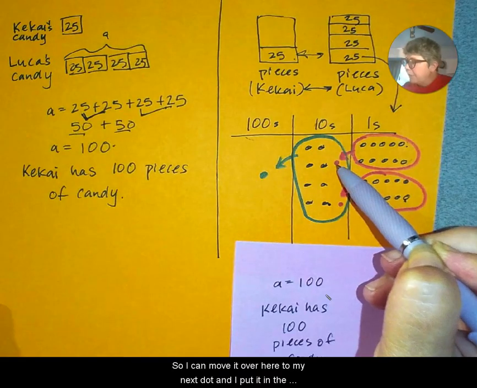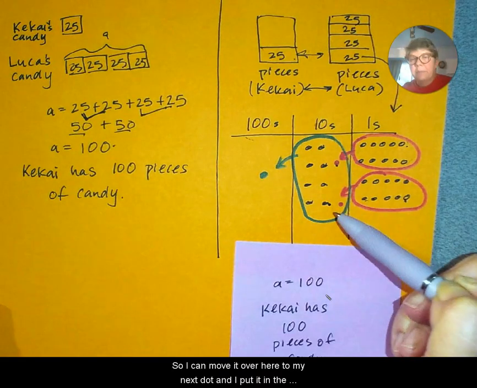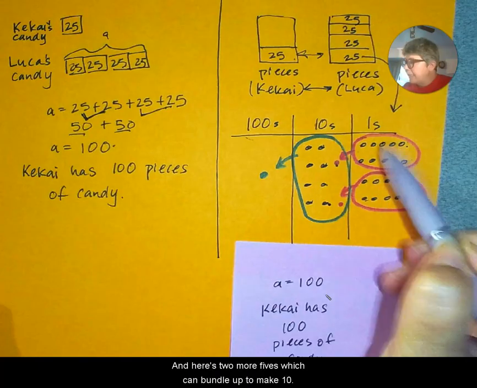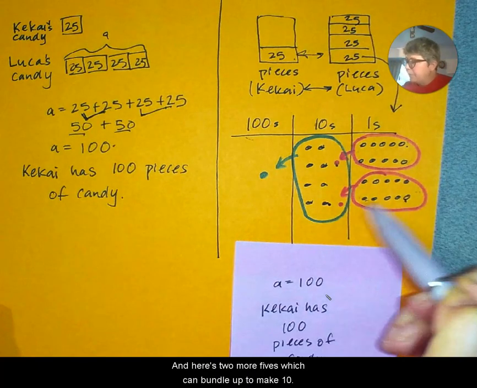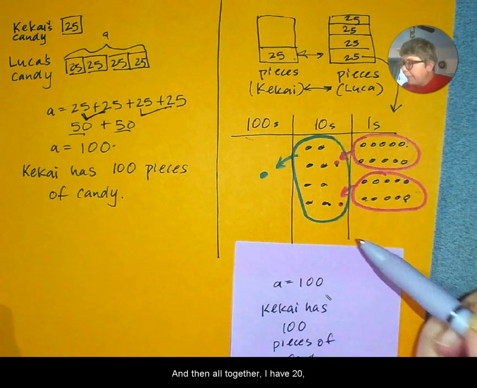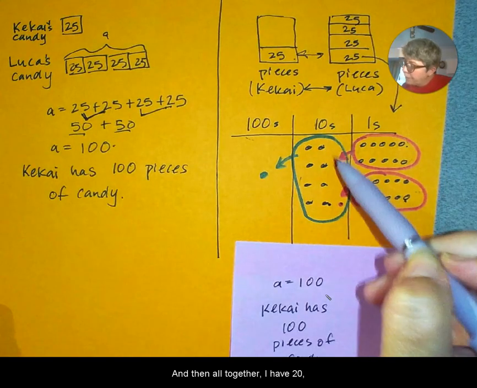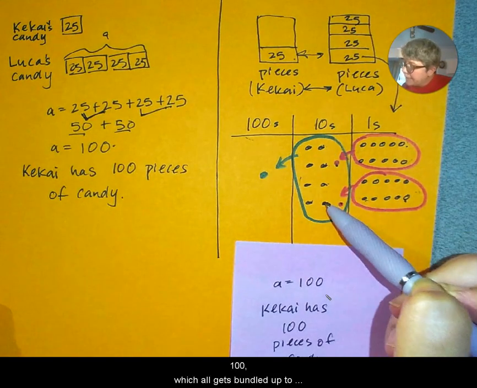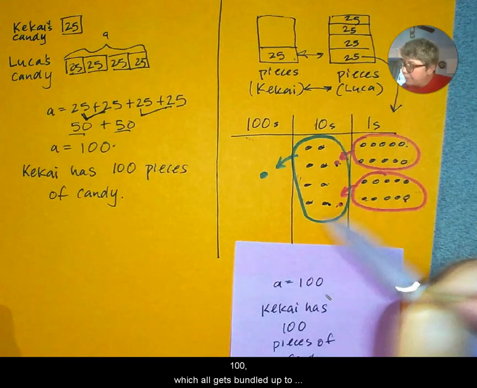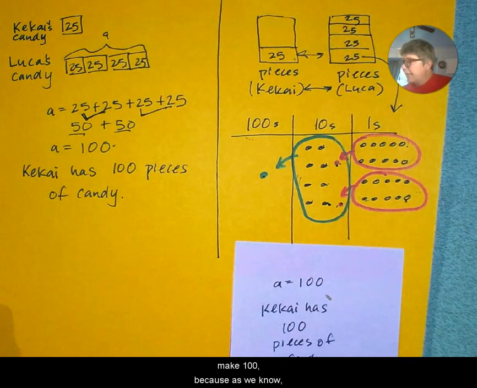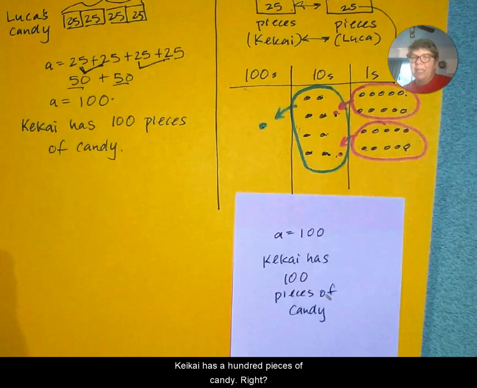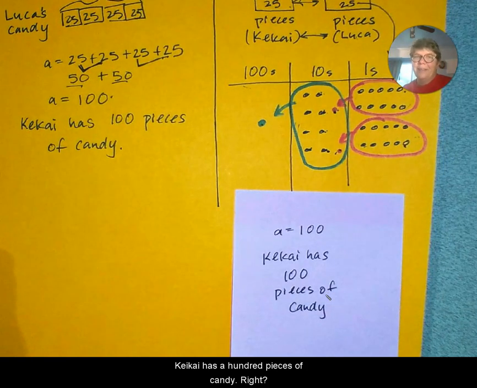So I can move it over here to my next dot and I put it in the 10s place. Bundle it up, right? And here's 2 more 5s which can bundle up to make 10. And then all together I have 20, 40, 60, 80, 90, 100, which all gets bundled up to make 100. Because as we know, Kai has 100 pieces of candy, right?